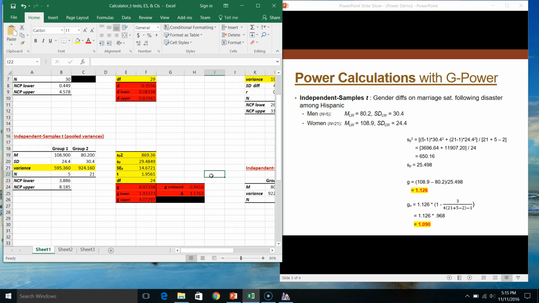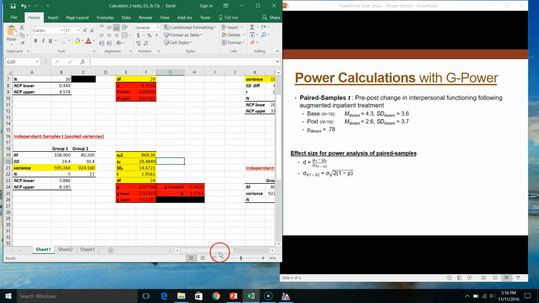So ignore the fact that those don't actually work out to what they should be, which is troubling to me. I suspect that I may have calculated my, okay, so my pooled standard deviation here is a little bit different than what it is here.